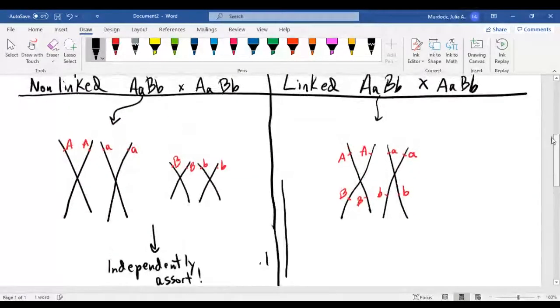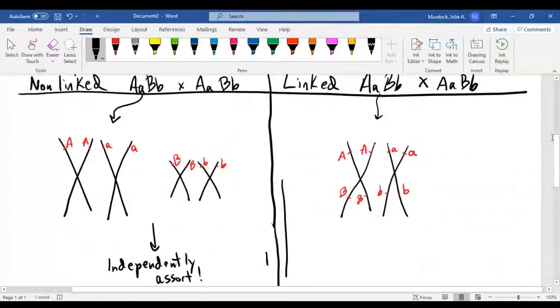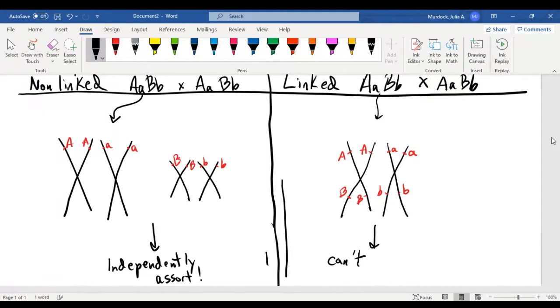Now go back up here, though, and let's look at this linked issue again, because that's going to be different. These guys can't just switch places and change positions. They can't independently assort because they're stuck on the same chromosomes.